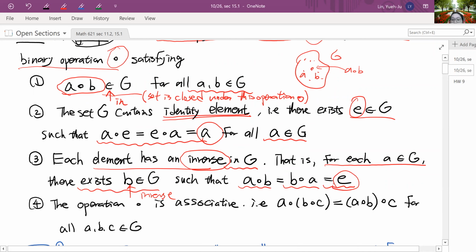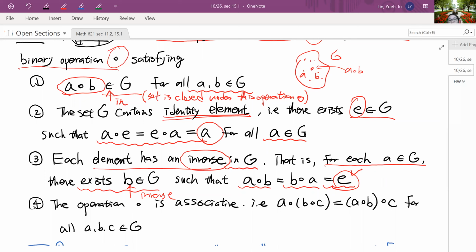In order for the inverse to even make sense, the first thing we need is the identity. Once you have the identity element, then you can define what the inverse is. If you don't have an identity element, then forget about finding an inverse. It doesn't make sense to talk about an inverse without an identity element.